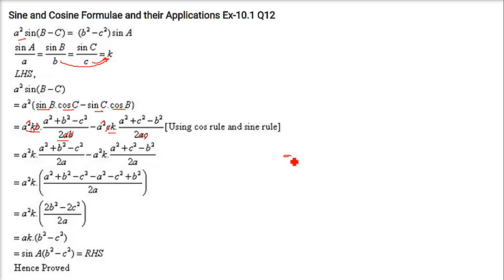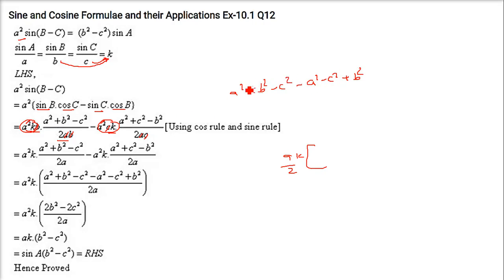K also is there, so a k you can take common. This a k we have taken common, this a k we have taken common. Now what is inside? And 2 also. So a square plus b square minus c square. So again, as the previous question, a square plus b square minus c square, and again minus is there, so we change the sign. Minus a square minus c square plus b square.